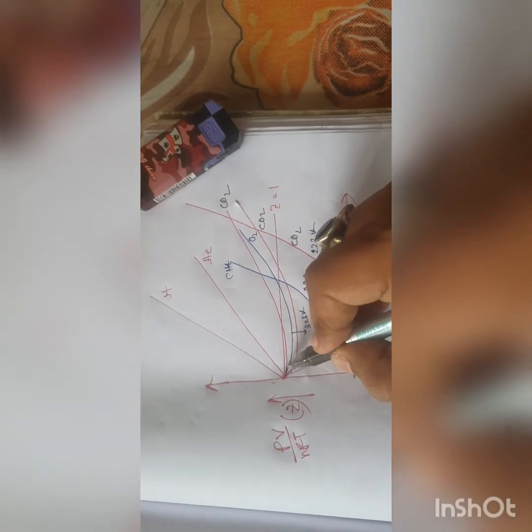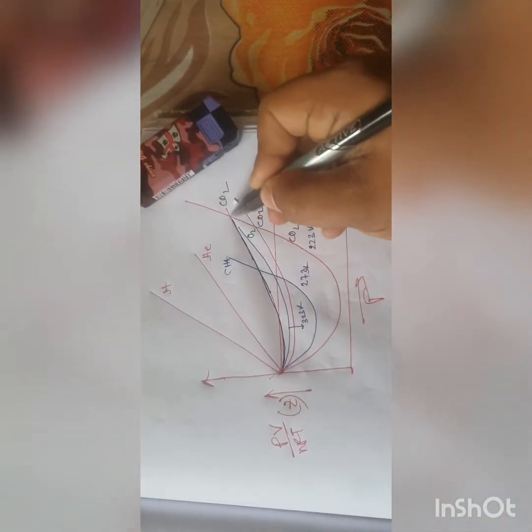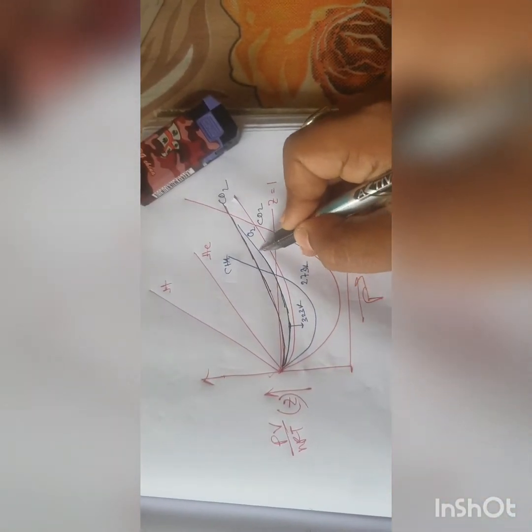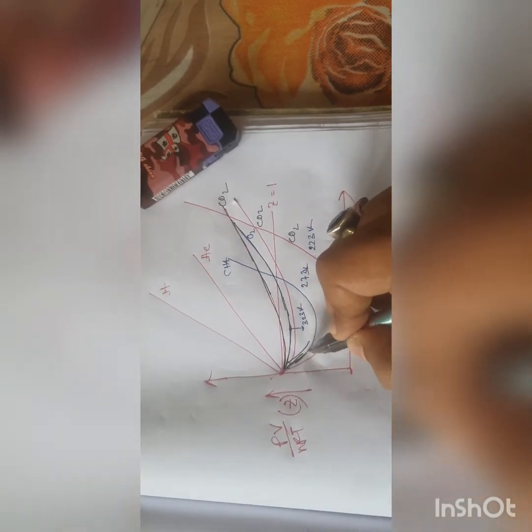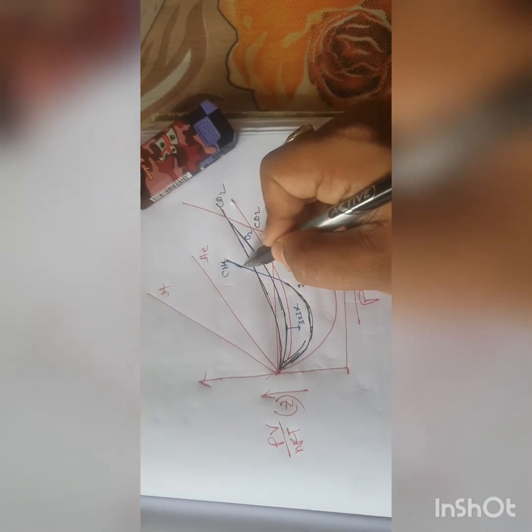Let me do it in black only, then it will be clear, for the same gas. Be patient, you are going to understand a very interesting thing, the toughest and the most interesting thing of this chapter.